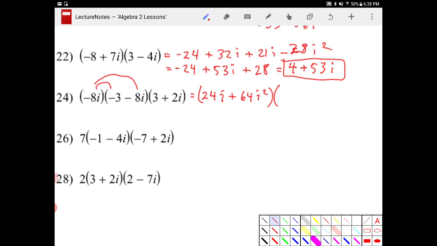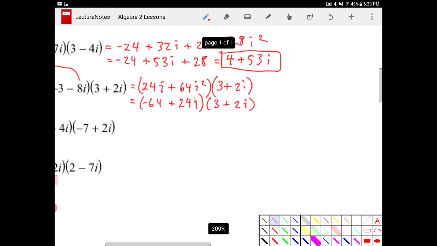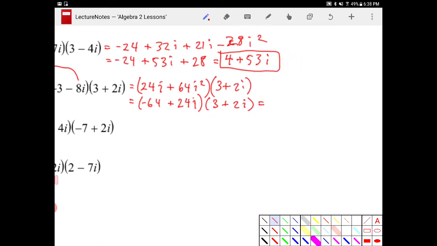This in turn is multiplied by 3 plus 2i. I want to do a little simplification in the first set of parentheses: that 64i squared becomes minus 64. So this is really negative 64 plus 24i times 3 plus 2i. Again, we're just going to FOIL this out one more time.